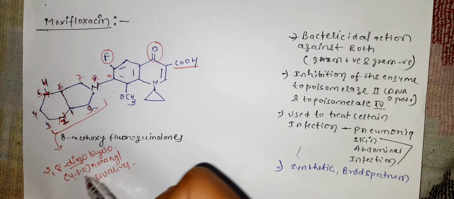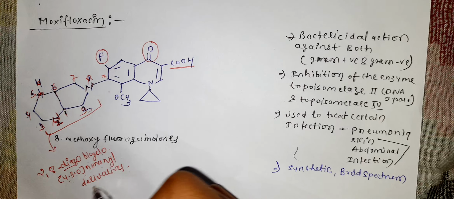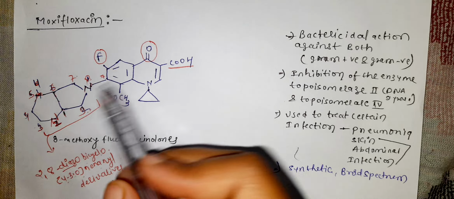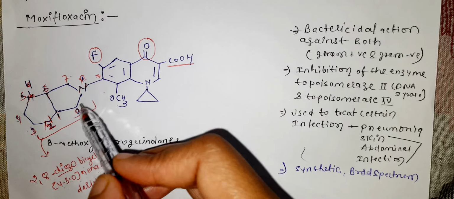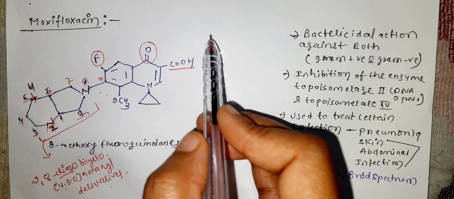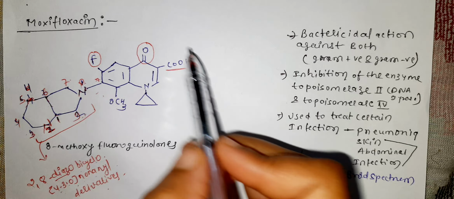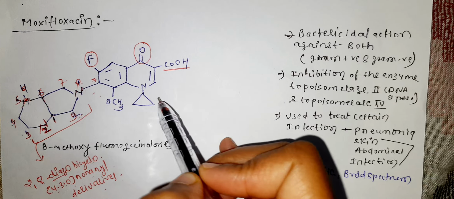So [4.3.0], and the total carbon count is 9, so it is a nonyl derivative. So the major difference of moxifloxacin is in the 7th position, and all the side chains and all the substitutions are similar. So this is the structure of moxifloxacin.